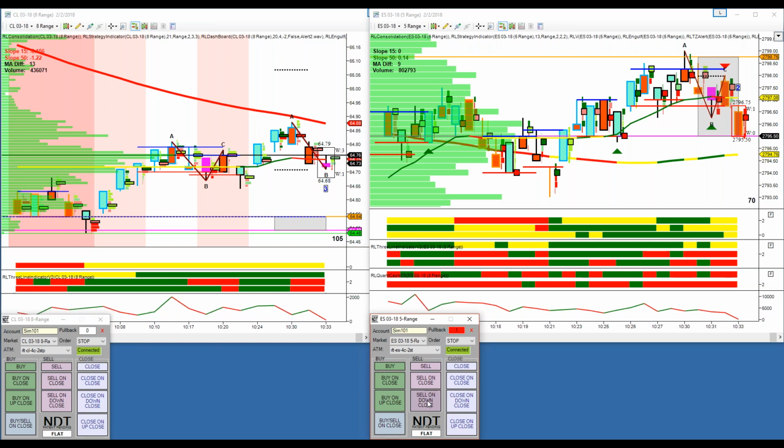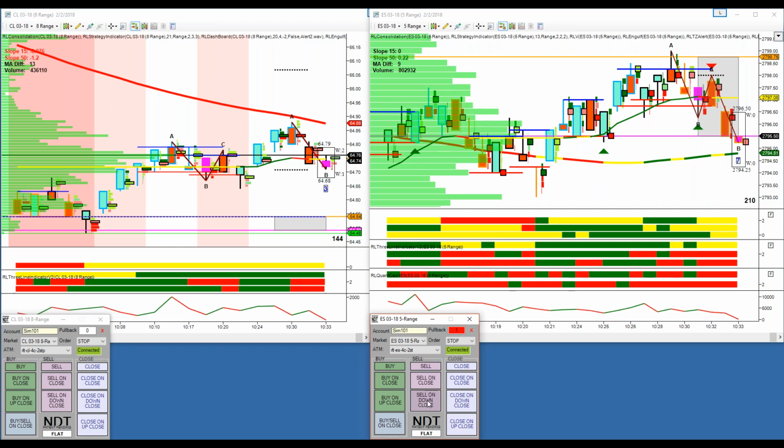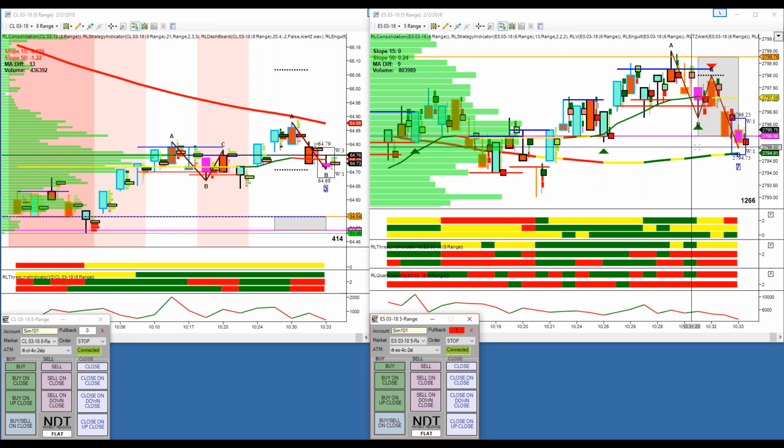It was hit and miss. Well, there they are. I mean, this is really a mess in here. Trying to trade it is semi-impossible.